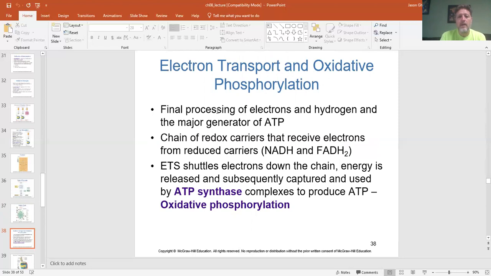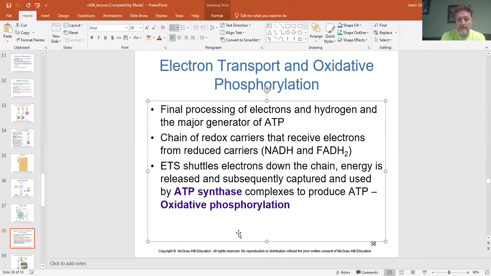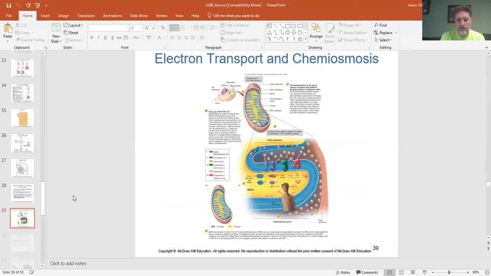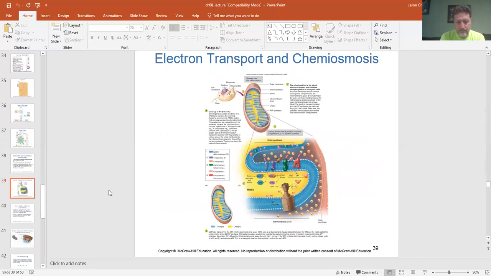All right. Now that we've done this, all those NADHs and FADHs will go to the electron transport chain, and this is where they're going to produce ATP. By far the majority of the ATP is produced in the electron transport chain. In eukaryotes, the electron transport chain occurs at the mitochondria, on the cristae on the inside of it.